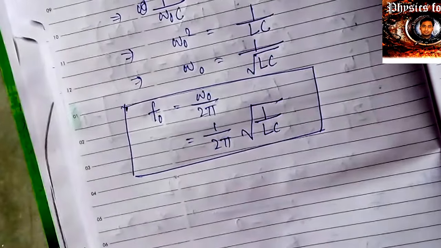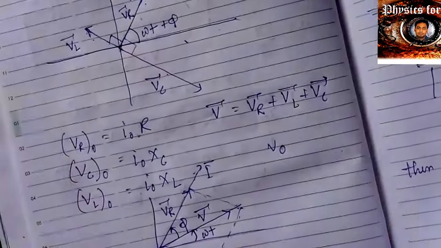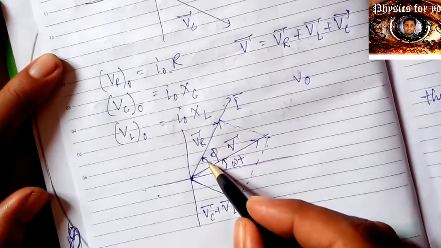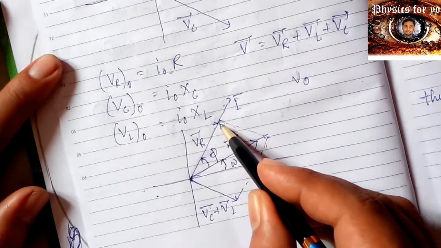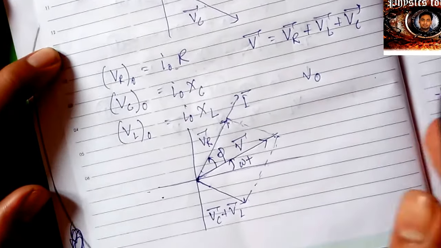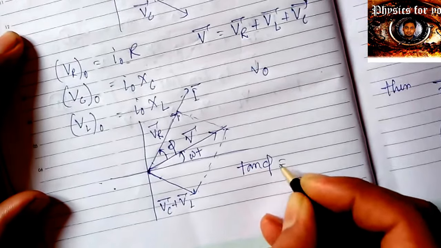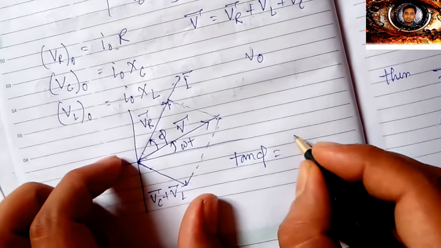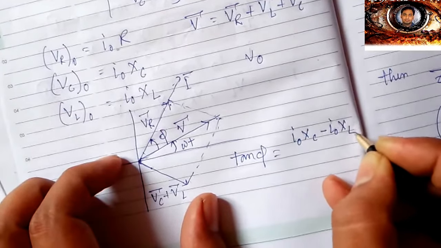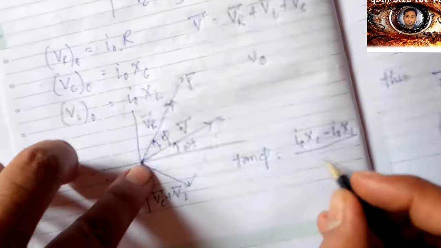Okay, so at resonance, what is the phase difference between the current and voltage? Now see, in this diagram, this is phi. This angle is 90 degree, so this should be 90. Then tan phi, what is this length? I0 into XC minus I0 into XL, divided by, this is perpendicular by hypotenuse, divided by VR.